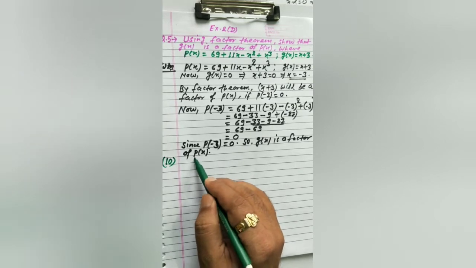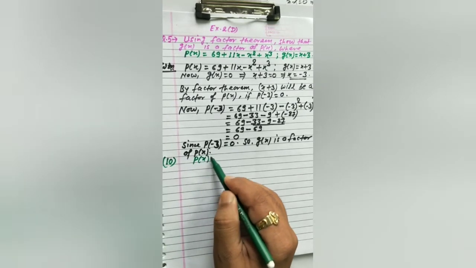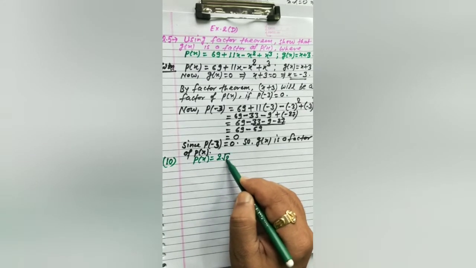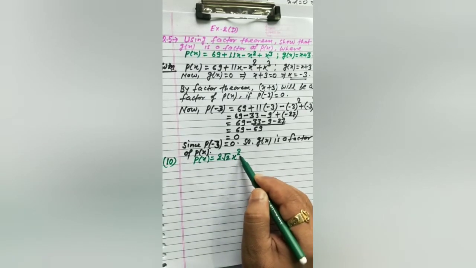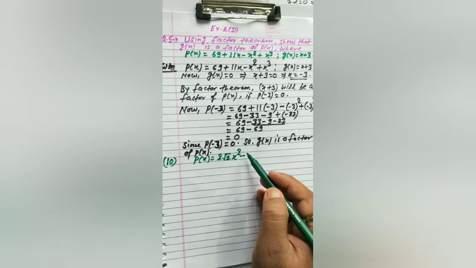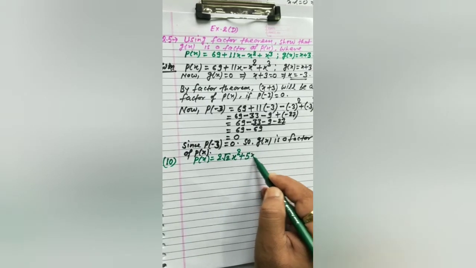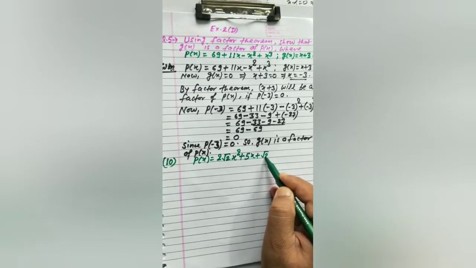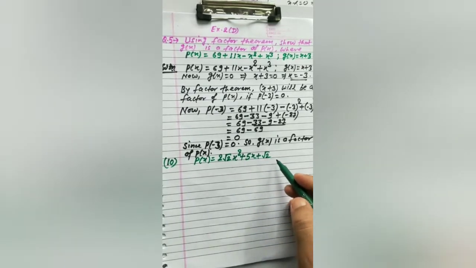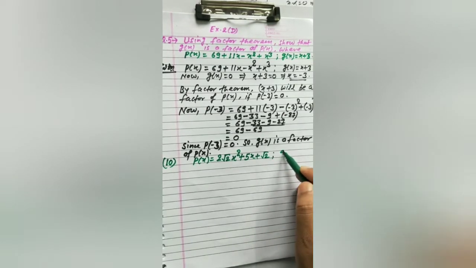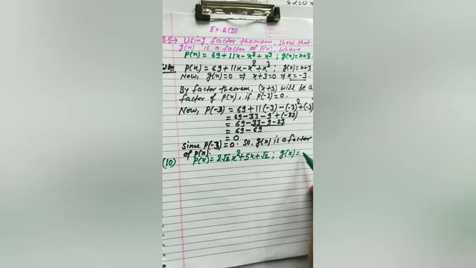In this, p(x) is given as 2√2x² + 5x + √2, and g(x) is x + √2.